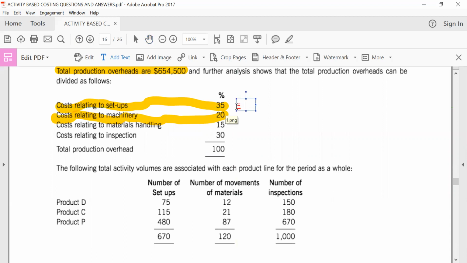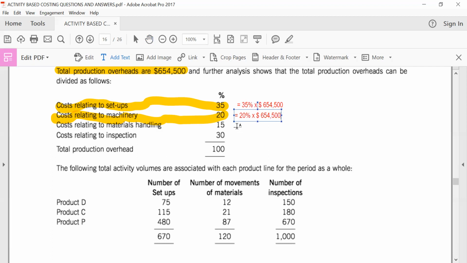So 35% times $654,500. Then I get my figure. Because you said that the cost pool should be monetary values, but here they have given to us percentages. We can't use the percentage, so we have to get the figure in monetary values.